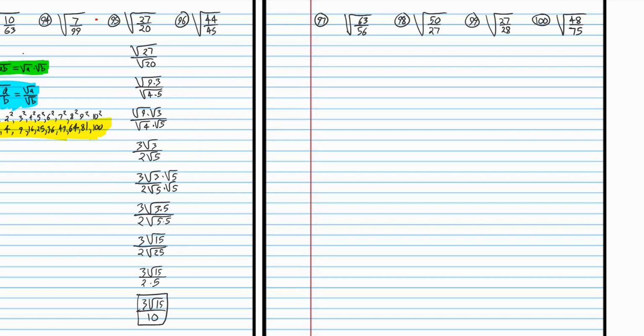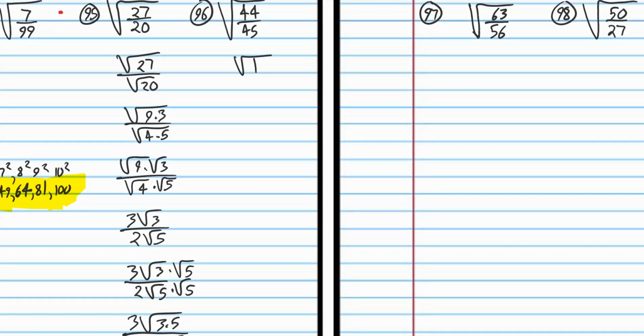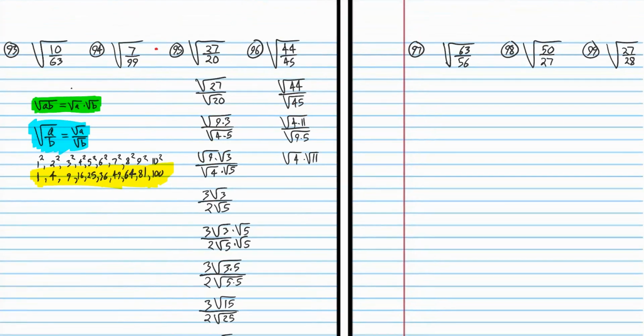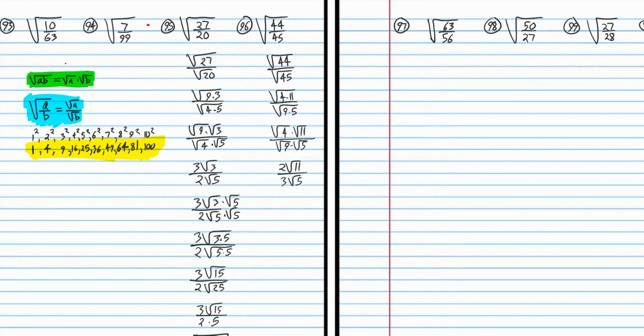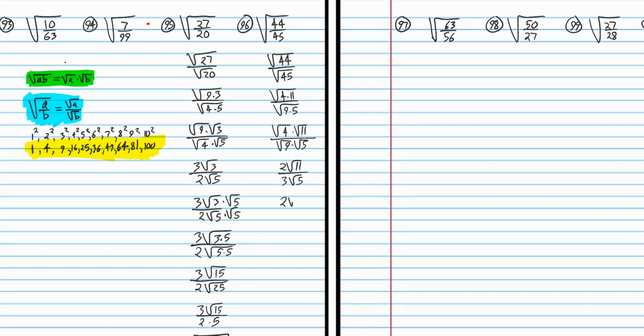All right, we're back. Pull out the perfect squares by factoring. Use the green equation. And there you go. We pulled out the perfect squares in the numerator and the denominator. So now I'm just going to rewrite to preserve the result of those previous steps.